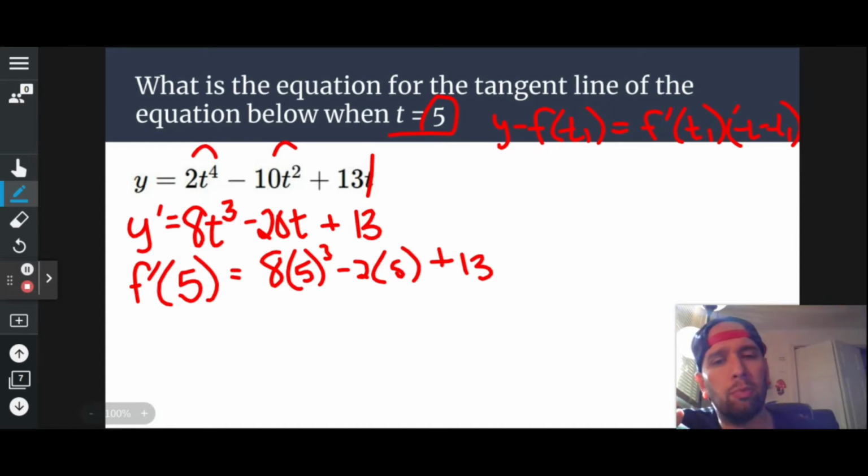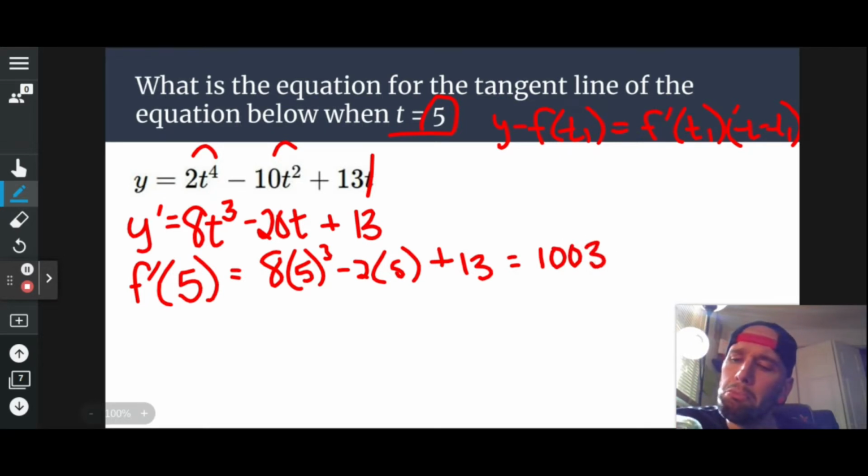It's 1003. So that's our slope. It's very steep.